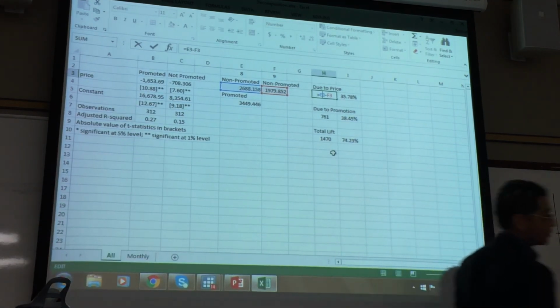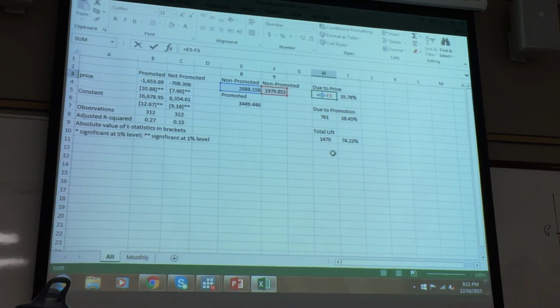What is that? 1979 is non-promoted demand evaluated at the non-promoted price. 2688 is non-promoted demand evaluated at the promoted price of $8. The difference between those two is 708 cases.